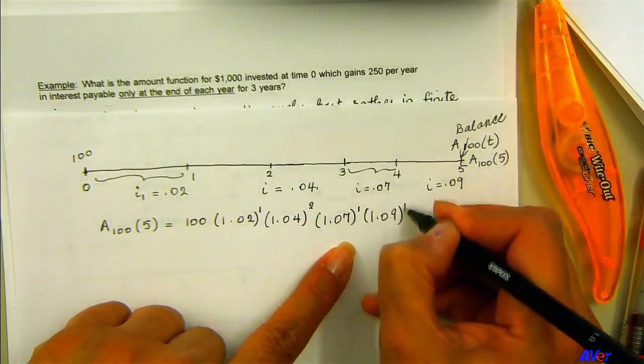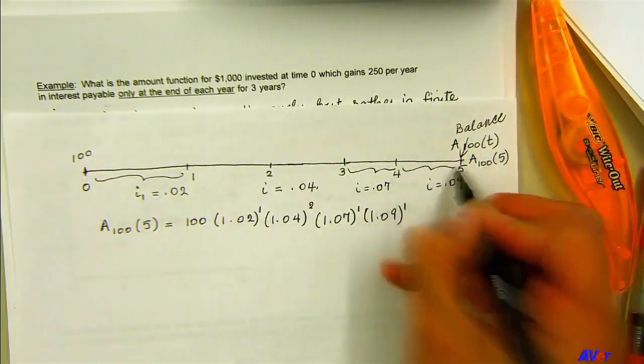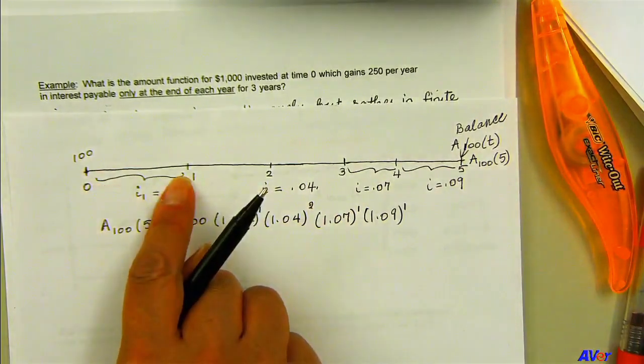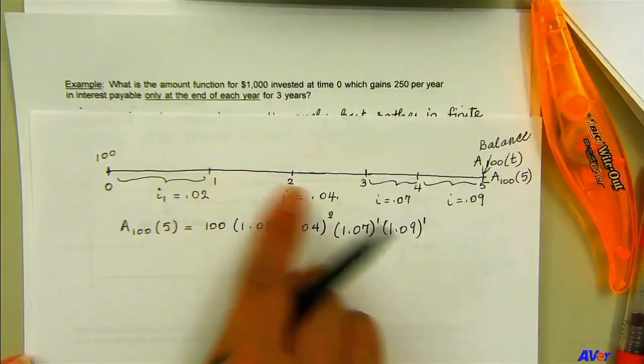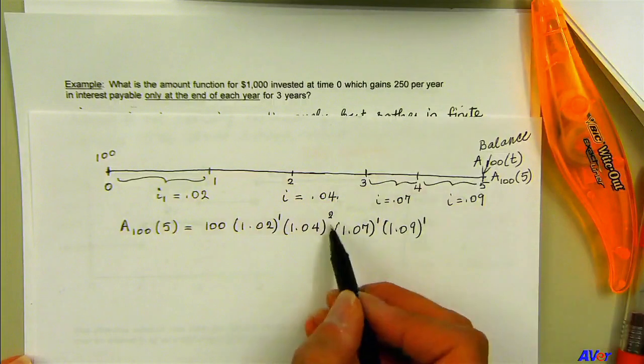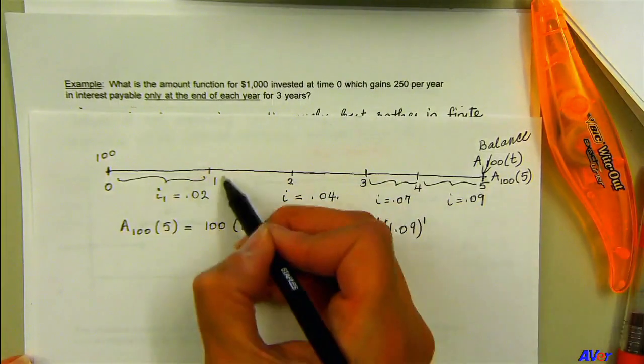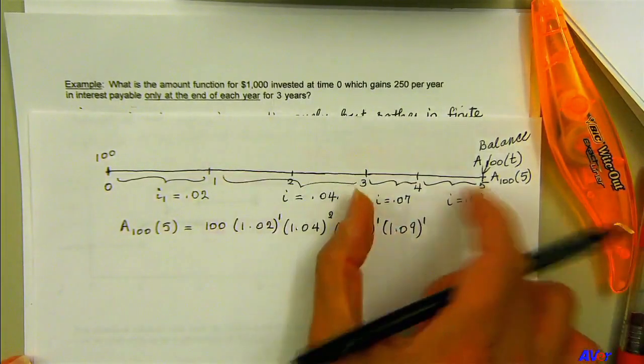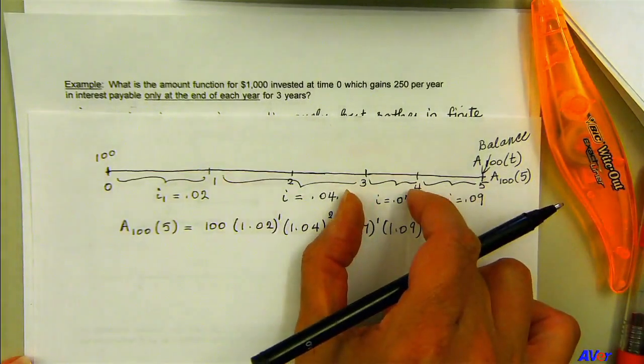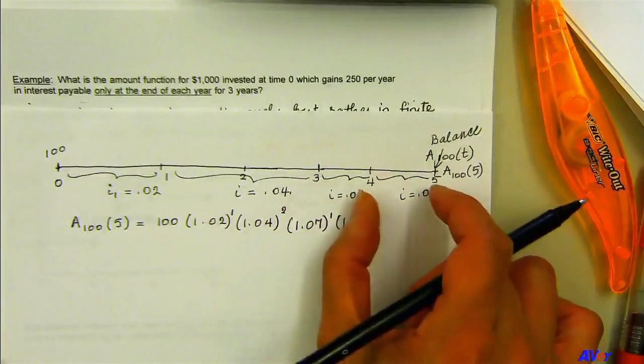So I'm saying this interest rate applied for a year, and this 4% interest rate applied for 2 years. And 7% applied for the next year, and 9% applied for the following year.